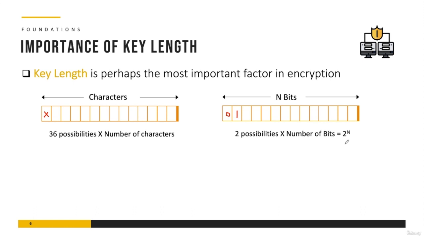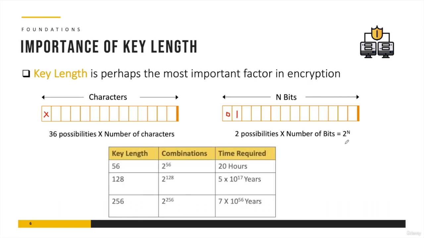Let's have a look at a comparison table which shows us how increasing key lengths make breaking encryption difficult. So let's say you are selecting a key length of 56 bits, which means that you have 2 raised to the power 56 different combinations, and using a good state-of-the-art computer, you can break it in 20 hours.